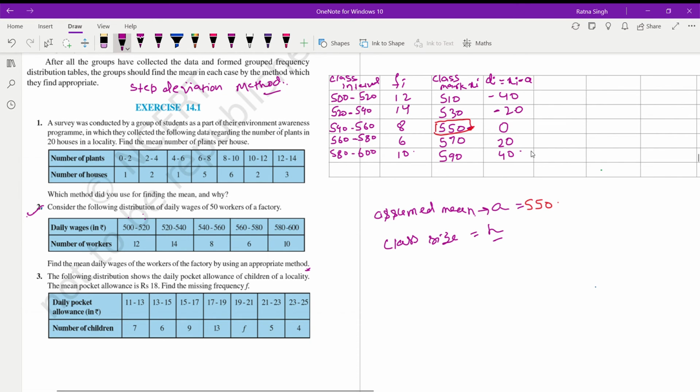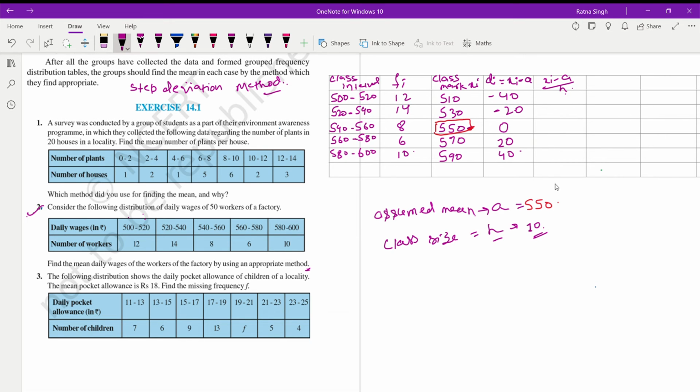So now I have found the deviation. Now I have to divide this deviation by H. And what is H here? It is the class size. So how to find class size? We'll see that all the values 40, 20, 0, 20 and 40 can be divided by 10, each is a multiple of 10.